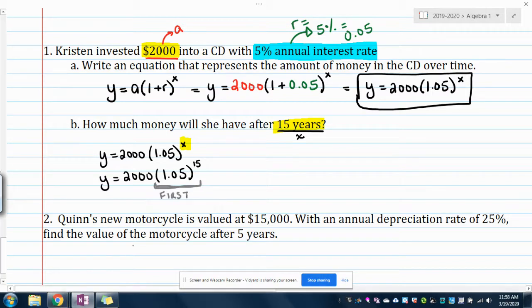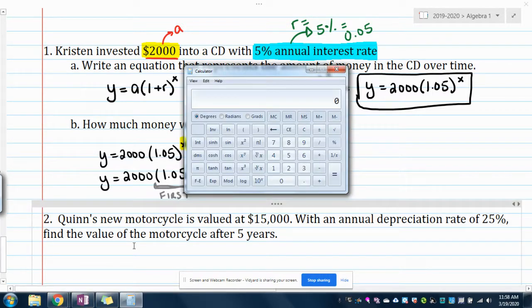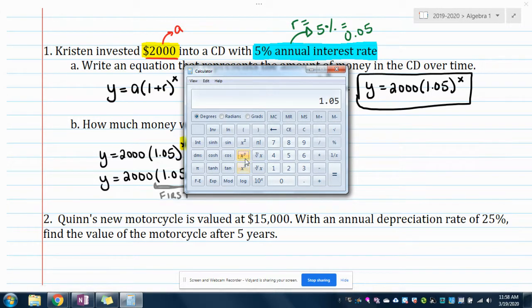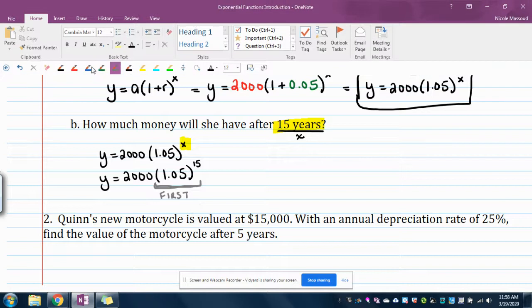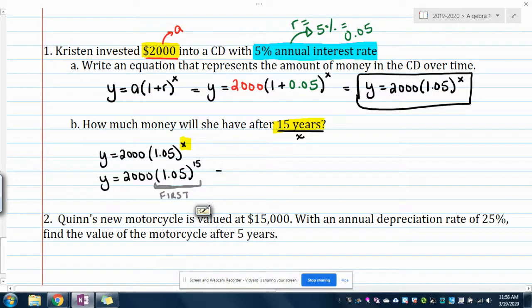So I get a calculator, and I do 1.05 to the power of 15, and I get 2.079. So this becomes equal to 2000 times 2.079. And then I just multiply.